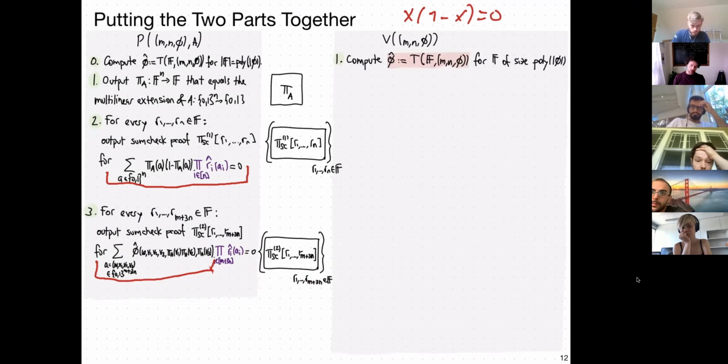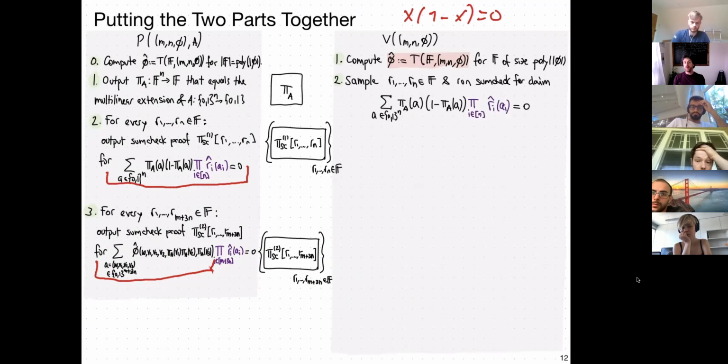So at this point, what are we doing? The verifier will also compute the arithmetization of the problem, and then sample one random string. Using this random string, we'll emulate an interaction with the sum check oracle as if it was a prover.